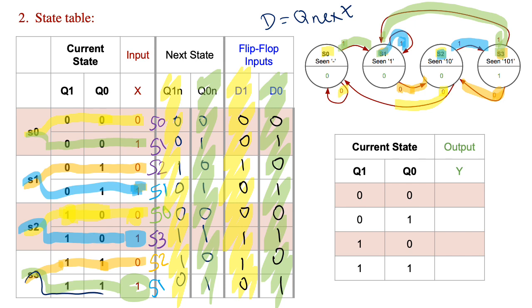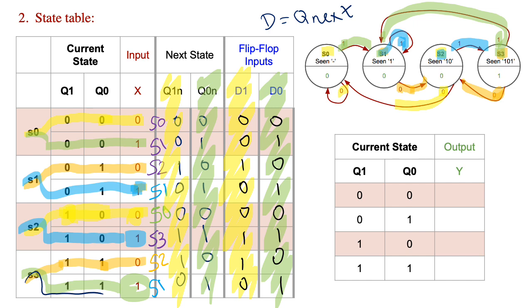Now the last step here is to determine the truth table for the output. If we're implementing the design using a Moore machine, that means the output depends only on the current state. That's why for the output, we've generated a new separate table showing only the current states without the input. Notice that the output is written inside the state circle because it is independent of the input.